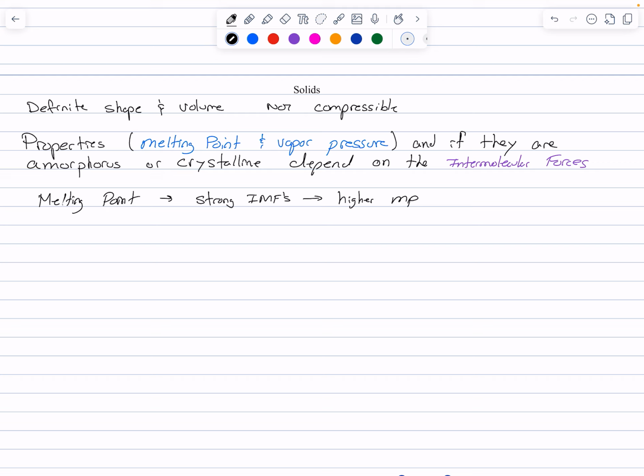Yeah, MP, melting point. Right? Where we have weak intermolecular forces, it's a lower melting point.